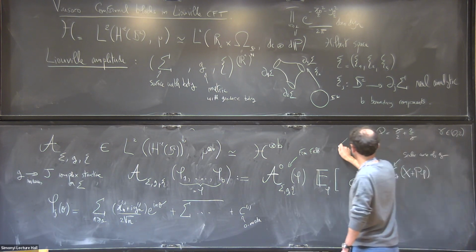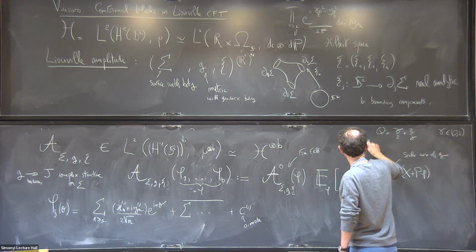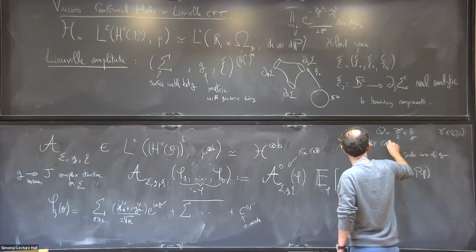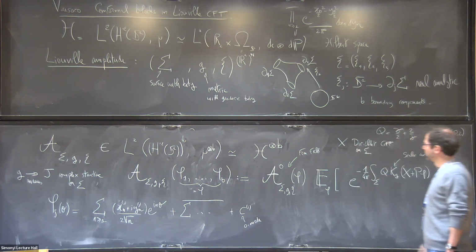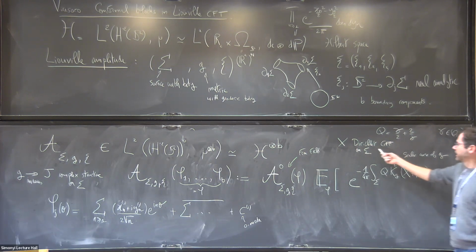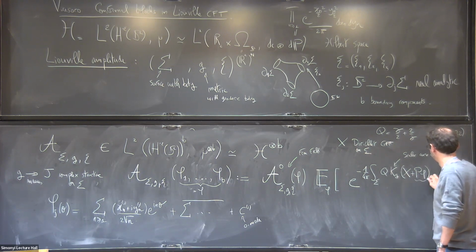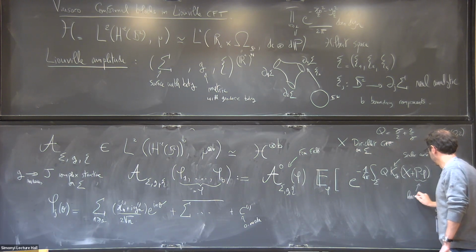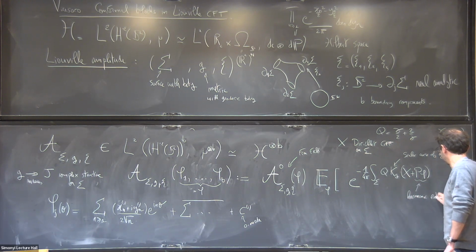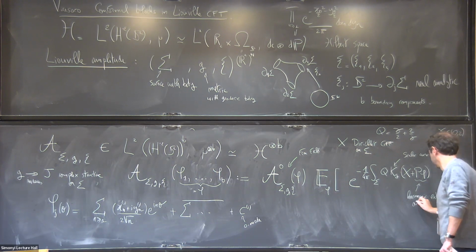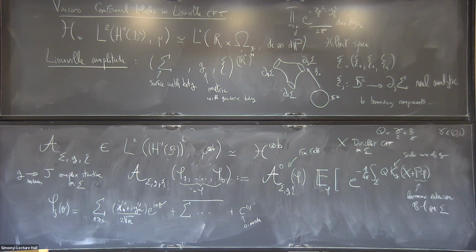So X is the Dirichlet Gaussian free field on sigma, a random field with values in distributions with covariance given by the Dirichlet Green function on sigma. P phi is the harmonic extension on the surface. And then you get the Gaussian multiplicative chaos measure here, with d vol the Riemannian volume measure.